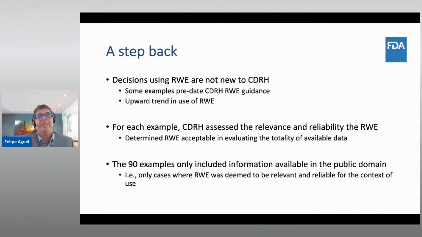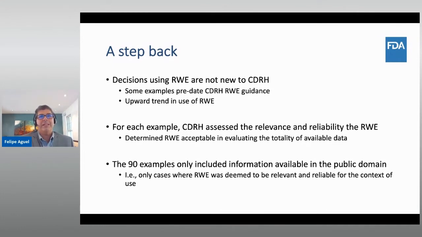Some examples predate our real-world evidence guidance, and we absolutely saw an upward trend in the use of real-world evidence. Not a scientific sampling or random sampling of submissions, but this is an anecdotal increase that I think reflects what we all expect will continue to happen going forward.